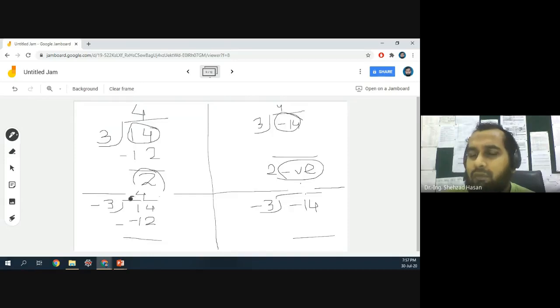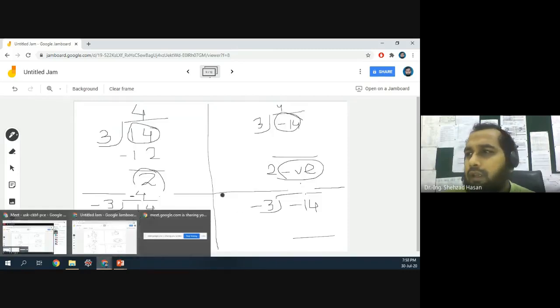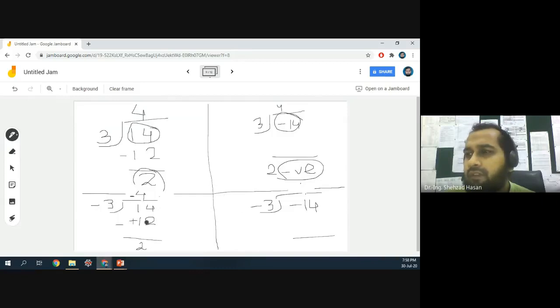So -3 into -4 will be +12, which after subtraction is going to give me 2, right? Since I have reached the same sign, I have got the dividend's sign equivalent to the remainder's sign. This is my right answer.